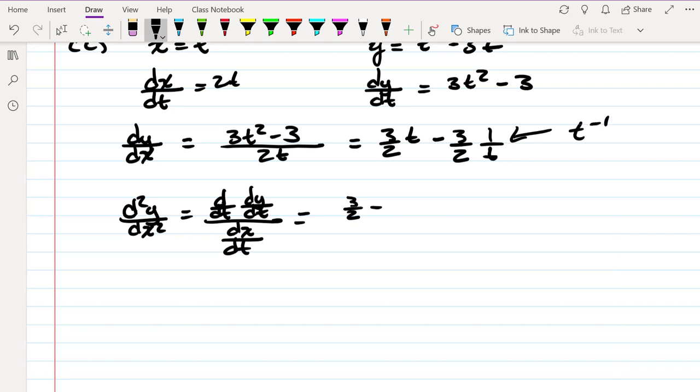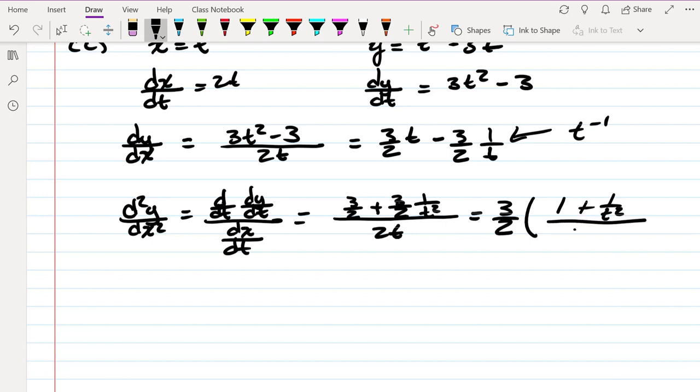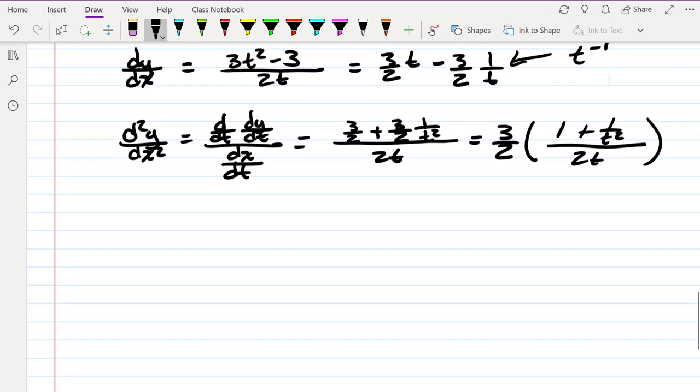So we bring the negative 1 down in front, making this a positive 3 over 2, and then the derivative, we're going to have t to the negative 2, which is going to become 1 over t squared, all divided by our dx/dt, which is still 2t. So then if we wish, we can factor out that 3 over 2, and we get (1 plus 1 over t squared) divided by 2t, which is a form of the correct answer.